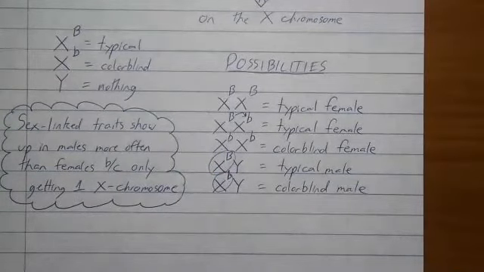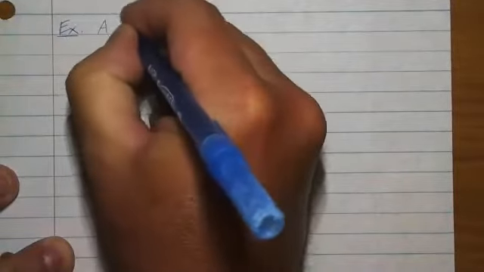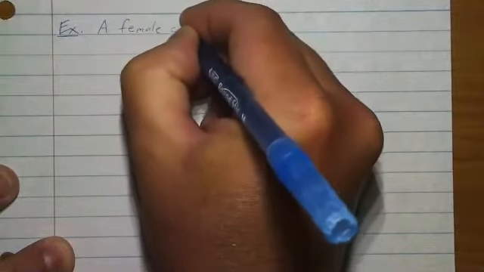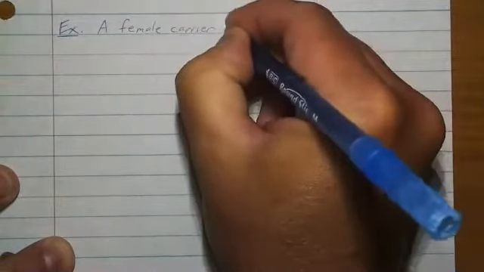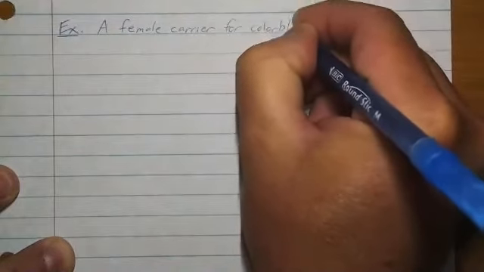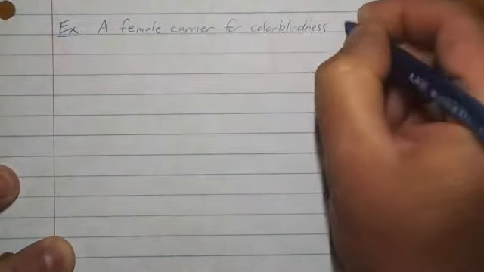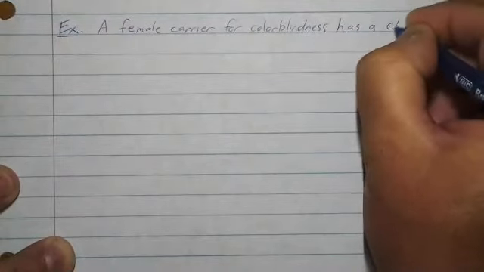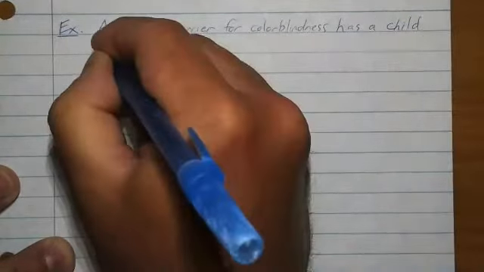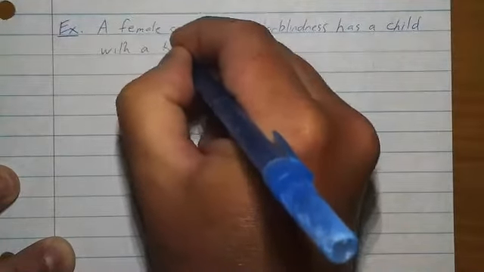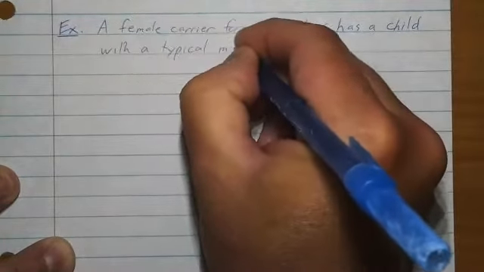Okay, so I'm going to snag one more piece of paper. Let's do an example problem with this, and then you'll be ready to go. Okay, so let's go over here. Let's do an example problem. All right, a female carrier for color blindness has a child with a typical male.